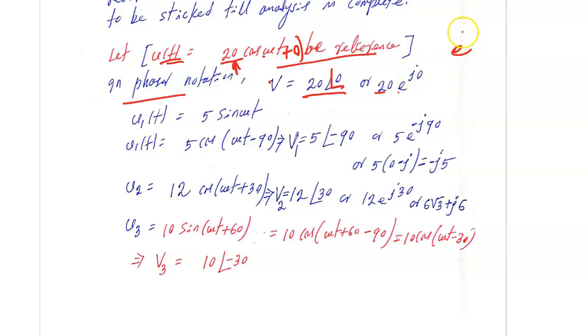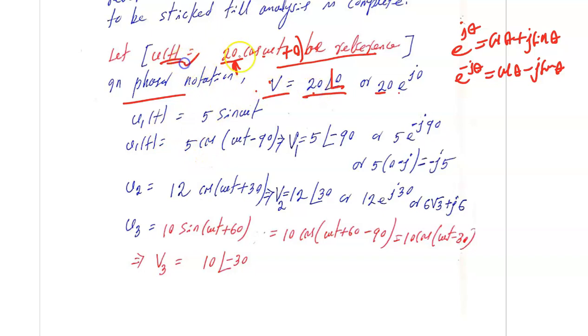And you know Euler's identity: e to the power j theta is cos theta plus j sin theta, and e to the power minus j theta is cos theta minus j sin theta. So let us compare. This is the reference. We have taken the reference as cos omega t.